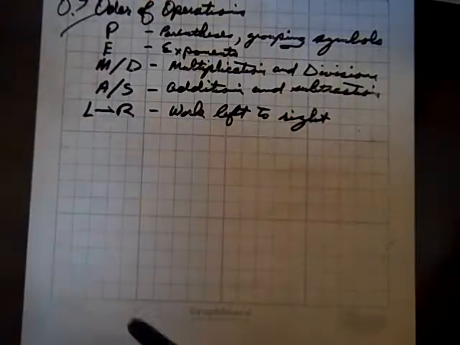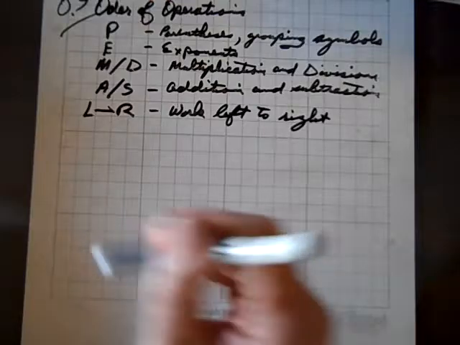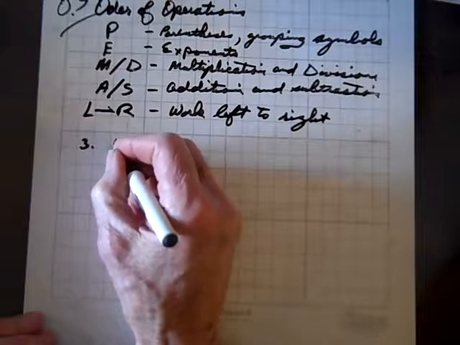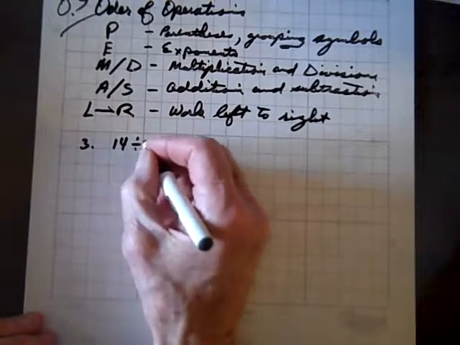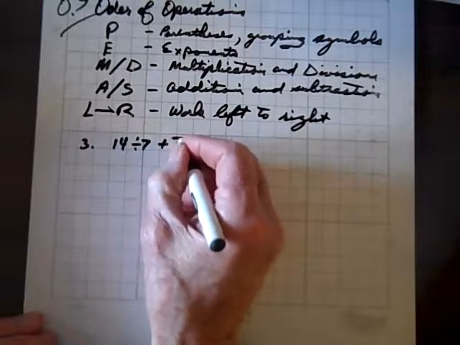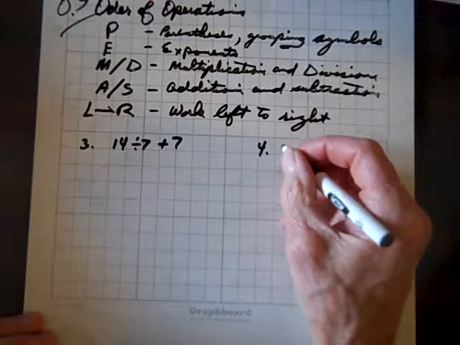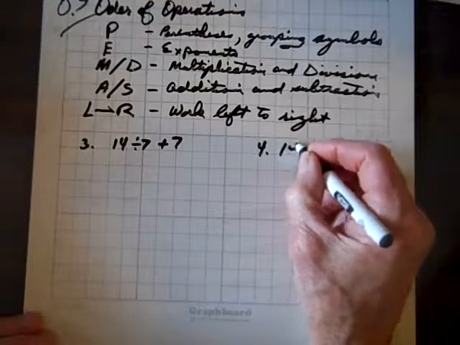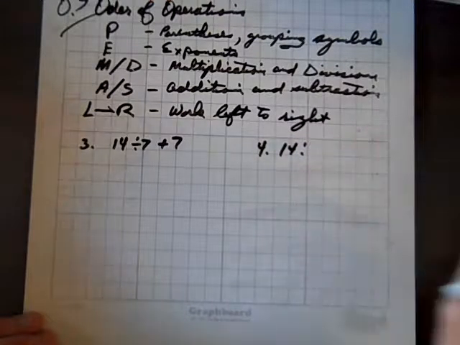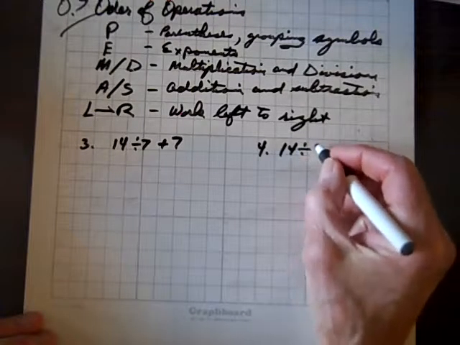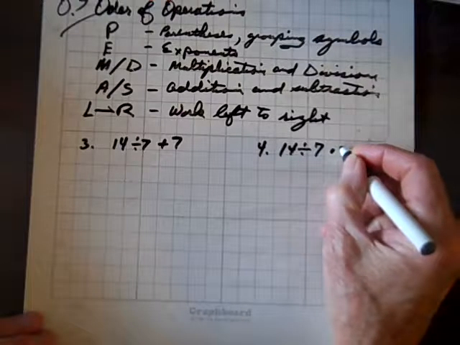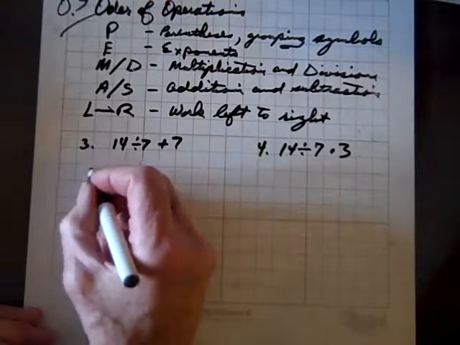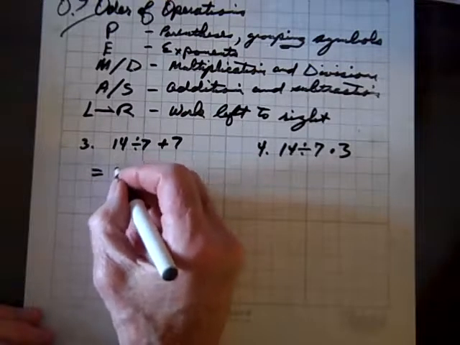And here they are. One of them is 14 divided by 7 plus 7. So we carry out the division before we do addition.